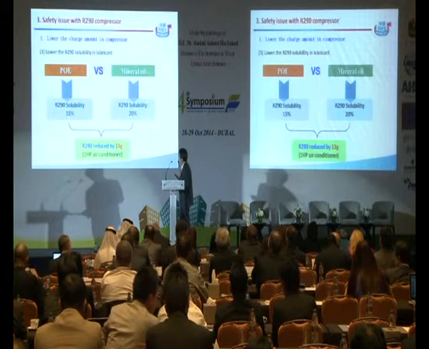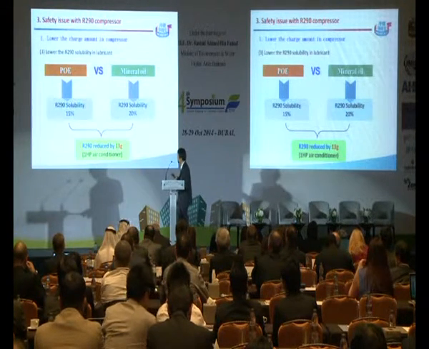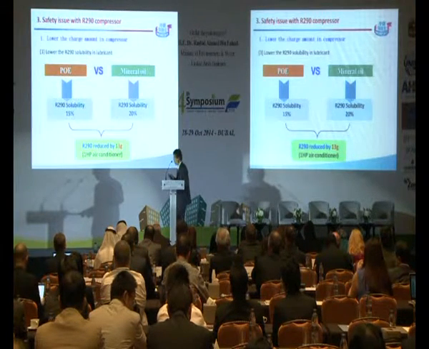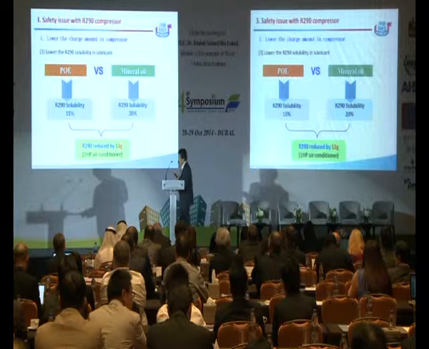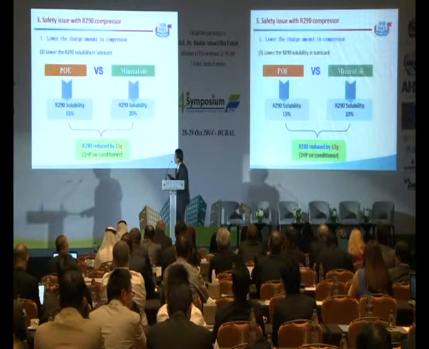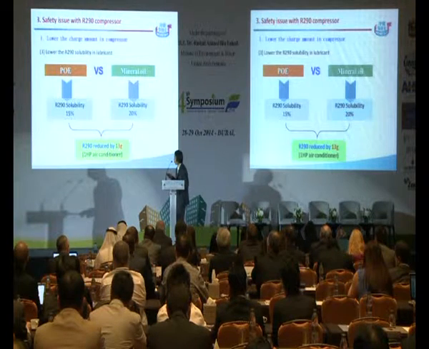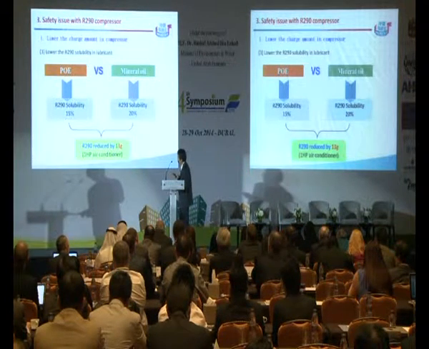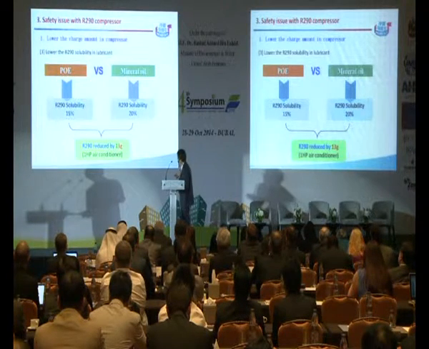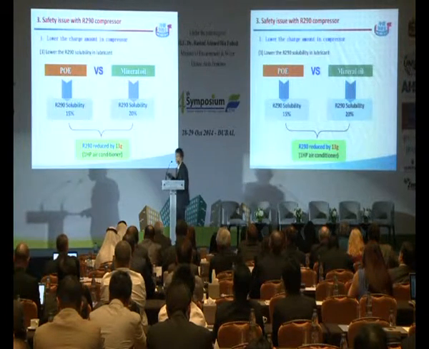For a 1 horsepower air conditioner, the typical R290 charge amount is about 300 grams. So by using the POE oil, we can reduce the R290 charge amount by 13 grams. So it's a big amount.